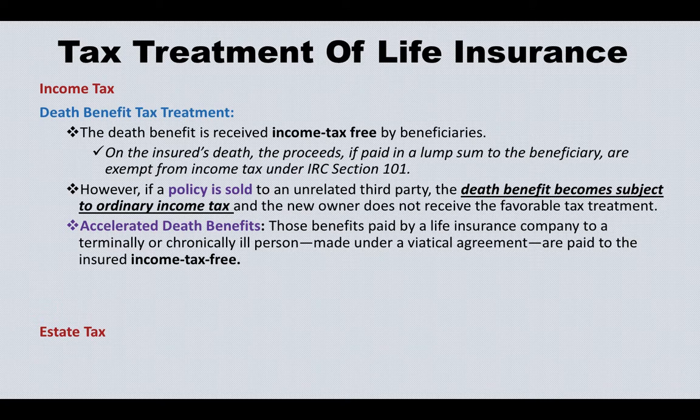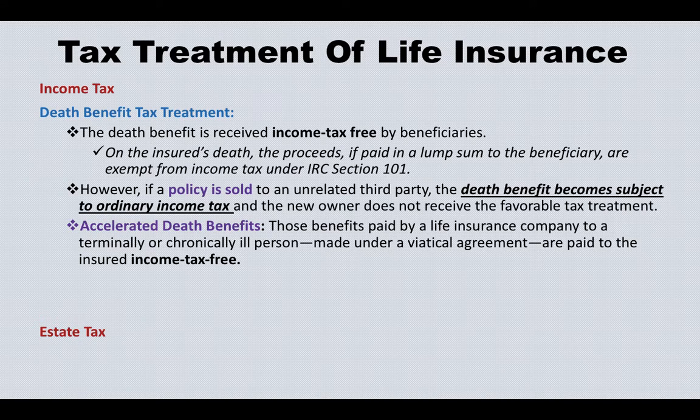Another situation is called the accelerated death benefit. When the owner or the insured gets terminally ill and is going to die soon, the insurance company will make an agreement with the owner: if you need the money, instead of waiting until you die for the beneficiary to get the death benefit, the insurance company pays you the death benefit earlier.